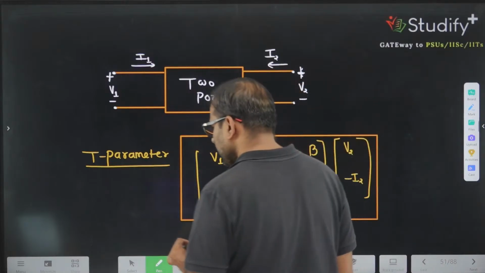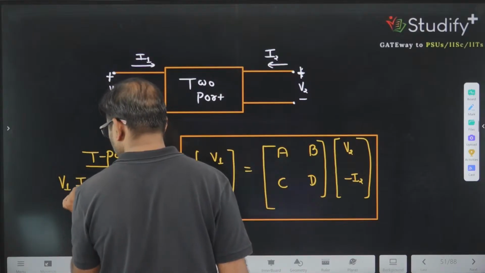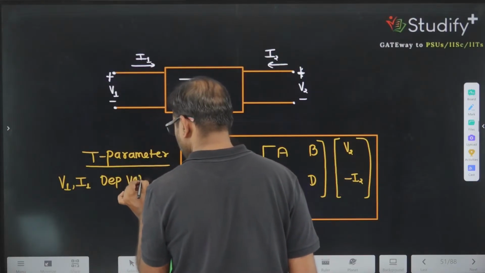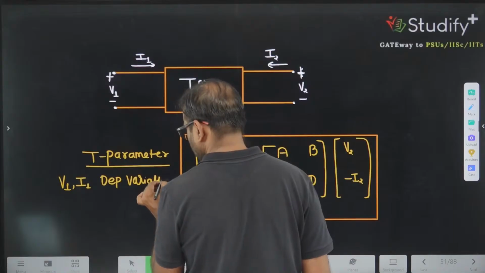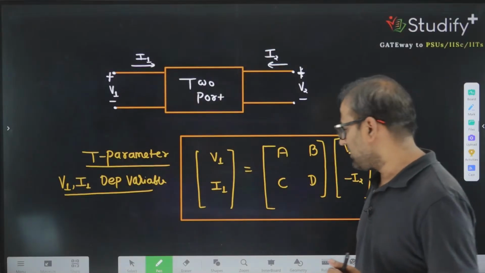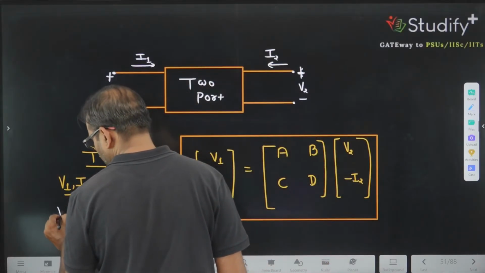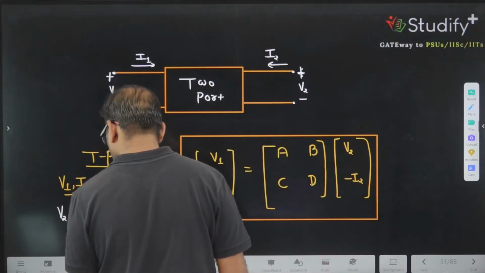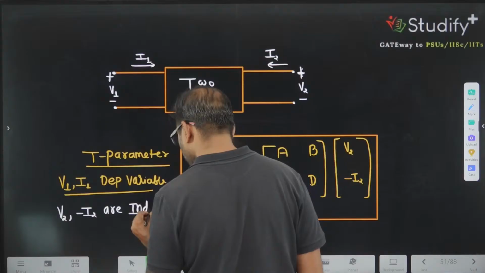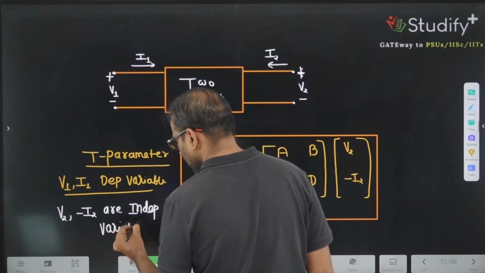Here we can say V1 and I1 are dependent variables, meaning we need a voltmeter and ammeter to calculate them. And V2 and minus I2 are known as independent variables.